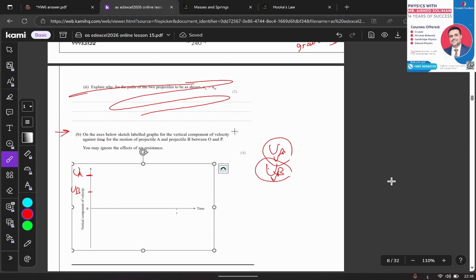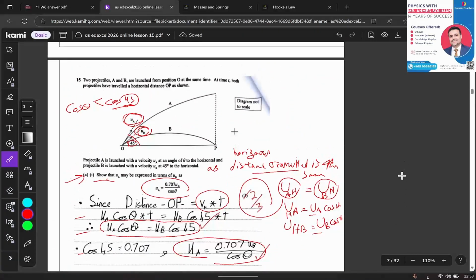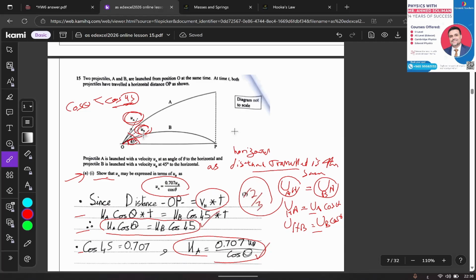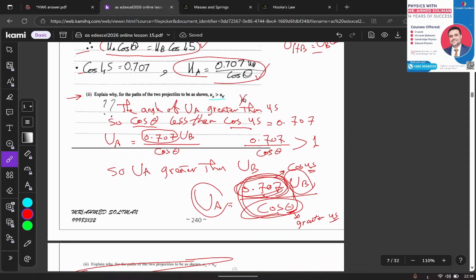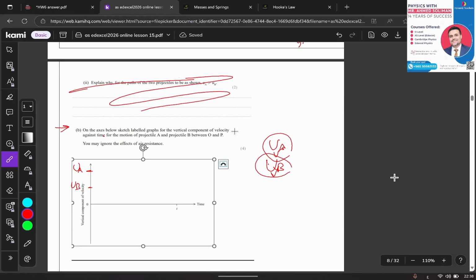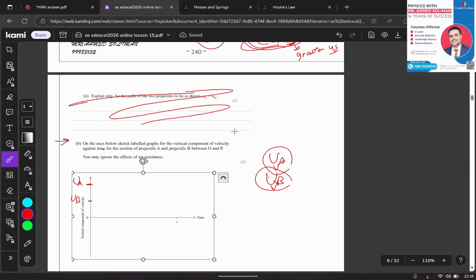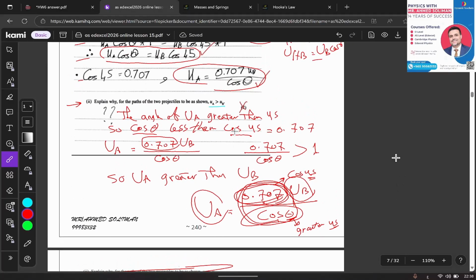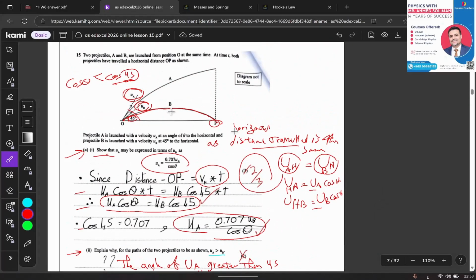Okay, now, how can we complete this diagram? For UB, the projectile moves the total range, the distance. So it means at half time it moved to the maximum height, and at maximum height, v vertical equals what? 0. Is this correct, Mirola? Yes.